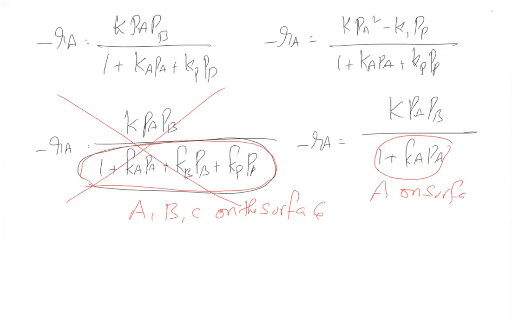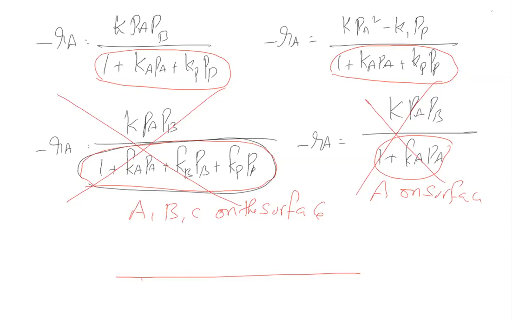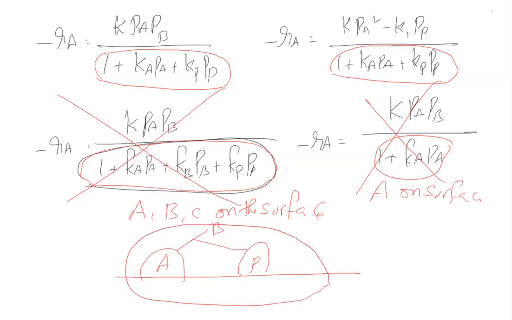Why is this answer right? Because the question says product also on the surface. Then look at these two rate expressions: they suggest A on the surface, P on the surface, B in the gas phase, and this mechanism. Here, options are important. By looking at the options, you have to finalize the mechanism.